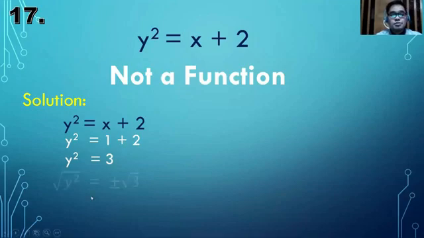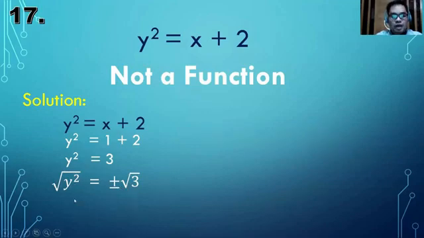Okay, so square root property. If you are going to use the square root property, the right side of the equation should have positive and negative. So we have the square root of y squared.